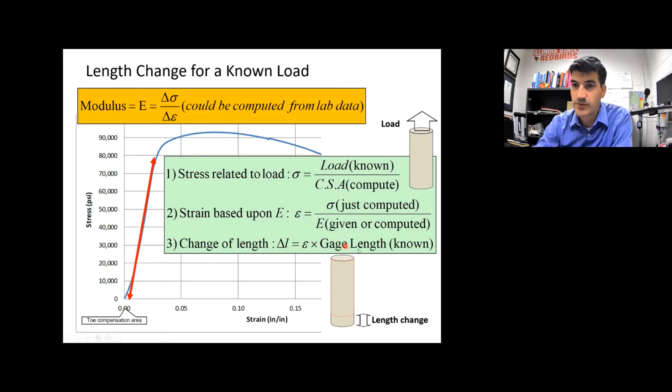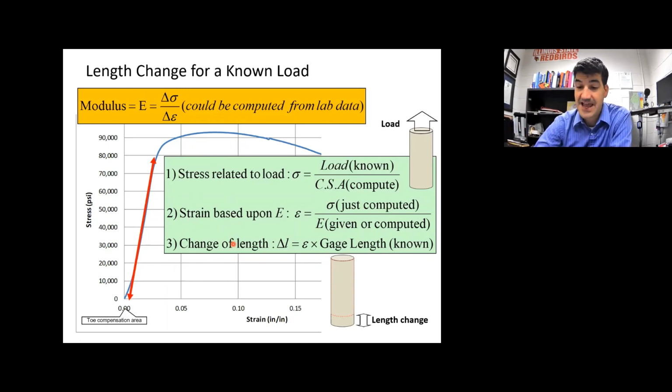The gauge length we know, or we can measure, so we can find what the change in length is. And that's our problem. So this is kind of like a 3 or 4 step problem. I'd say 4 step, because first you calculate the modulus, and then you do these 3 calculations with the definitions of the equations that we have. All right, so that's how to do that type of problem.